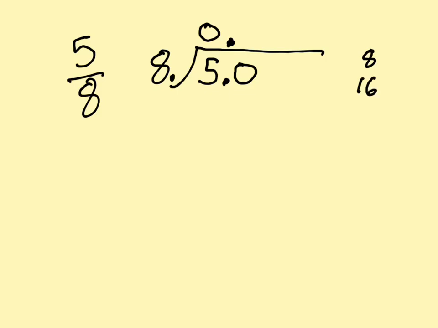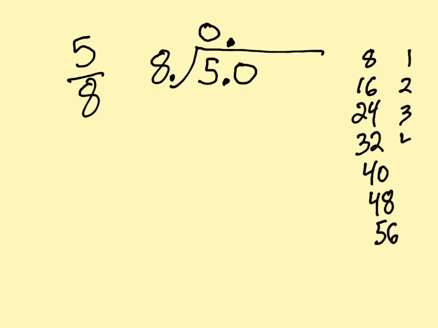So I'm going to put a little skip counting chart here on my right that says 8, 16, 24, 32, 40, 48, 56. And that's times 1, times 2, times 3, times 4, times 5, times 6, times 7.